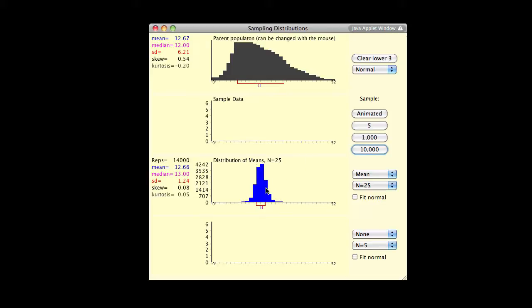So as you see, as we do more and more tests, it's going to look more and more like a normal distribution. And this is why the n really needs to be greater than 30. You can also click Fit Normal, and it will show you the normal distribution curve next to your distribution itself.